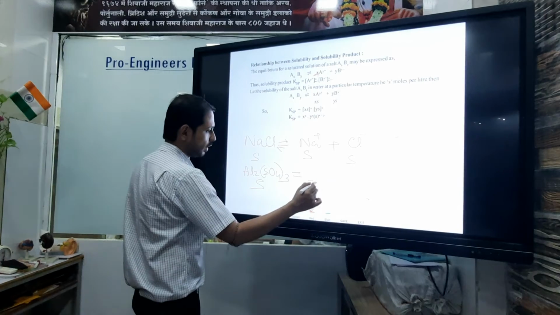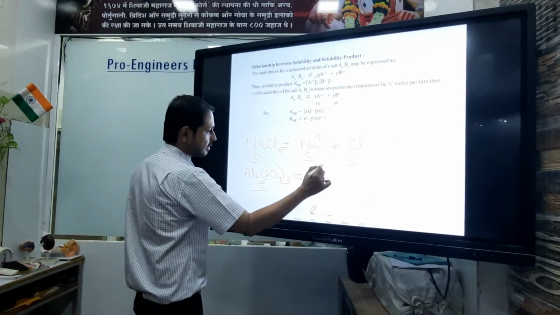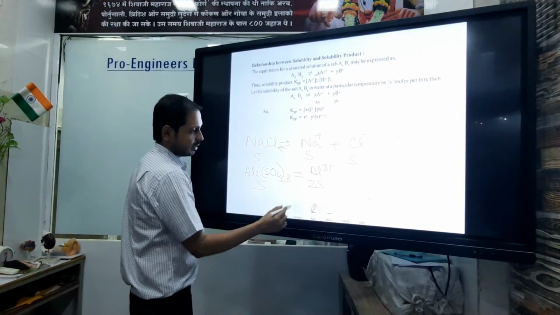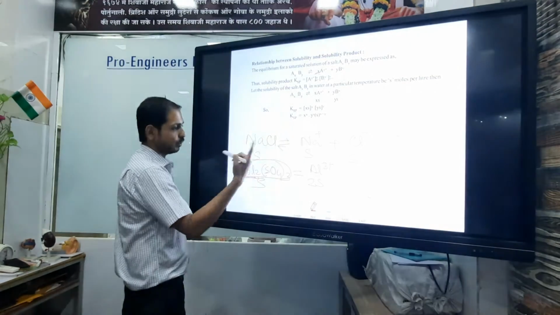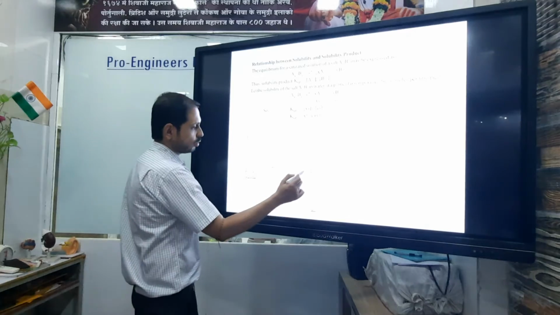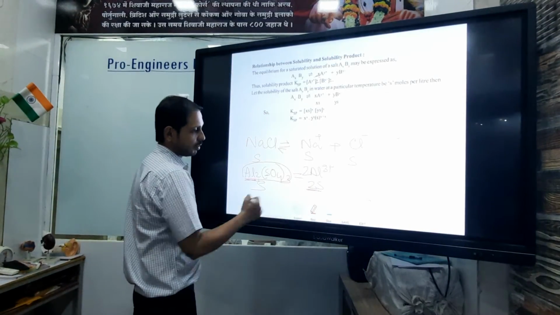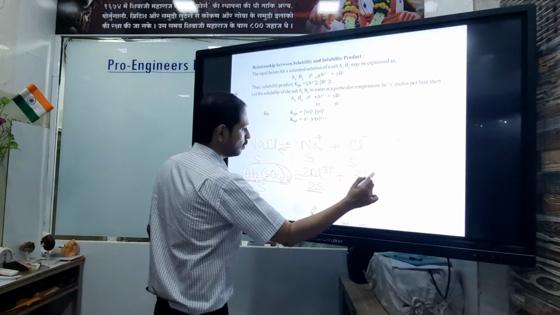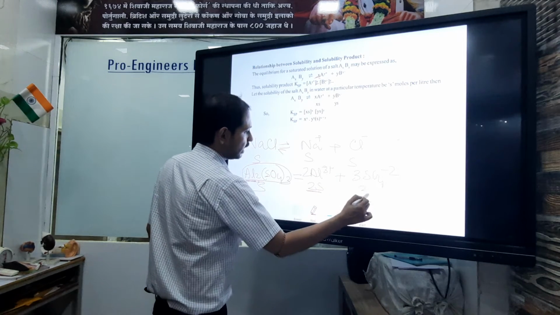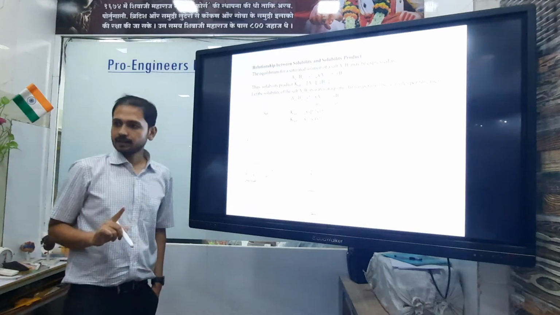We'll get 2S moles of Al3+, because from one salt we get 2 equivalents of Al3+, and 3S moles of SO4 2 minus. Is it clear? Yes.